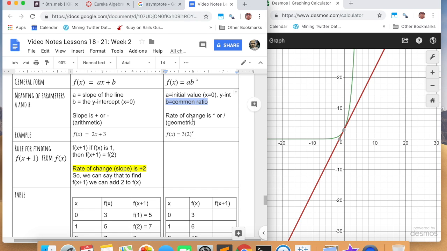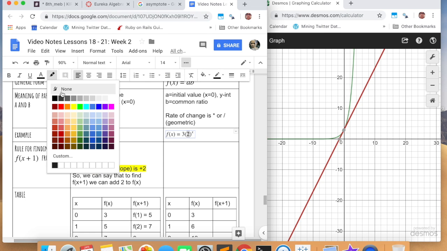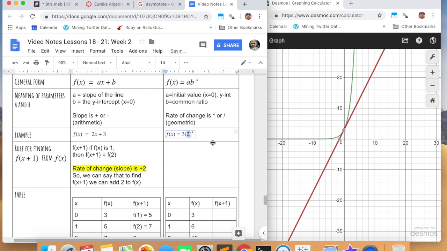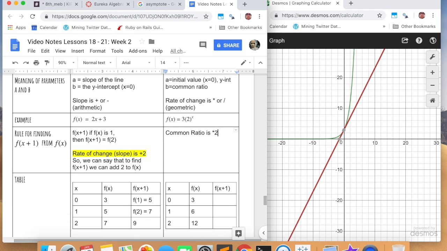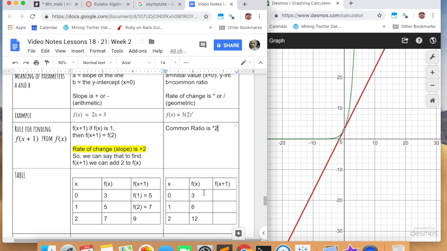If I look at what the common ratio here is, my common ratio here is 2. So that means that I'm multiplying the y values by 2. So when x is 0 and y is 3, in order to get the next value, I'm going to multiply that 3 by 2. And that is our common ratio.